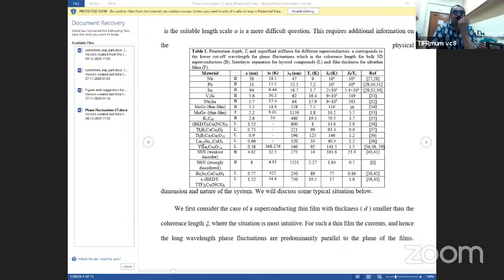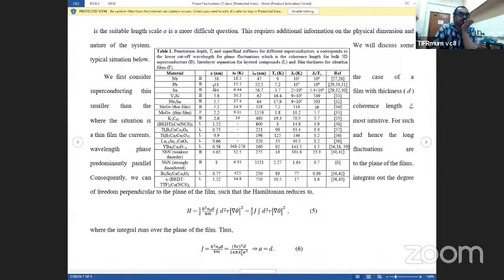You come to other things. Lanthanum strontium copper oxide. This is the compound in which Bednorz and Müller had discovered their superconductivity. So lanthanum strontium copper oxide, here it is about 40 Kelvin and Tc is also about 38 Kelvin or so.